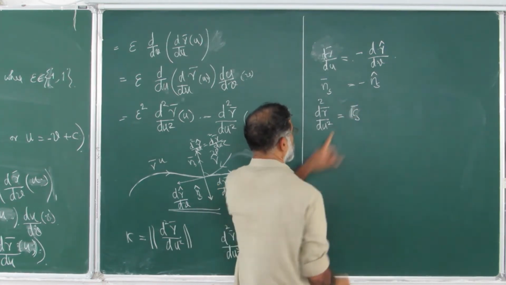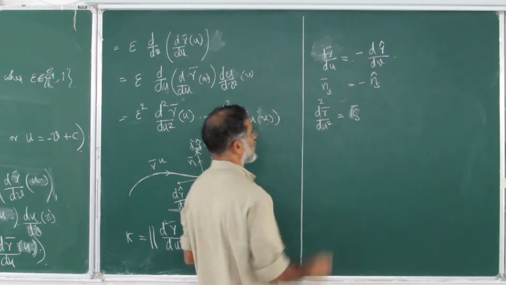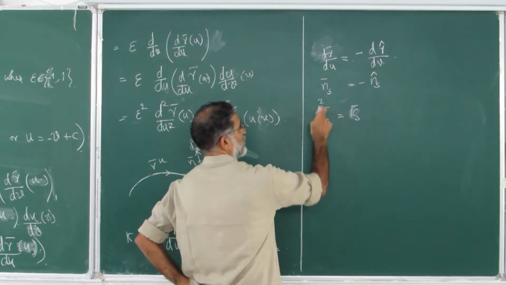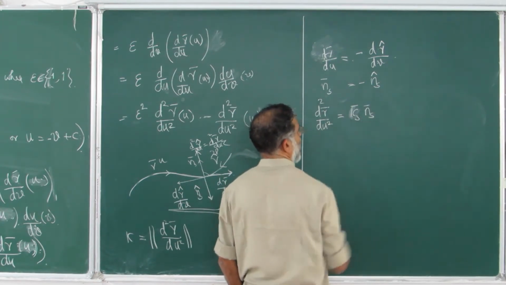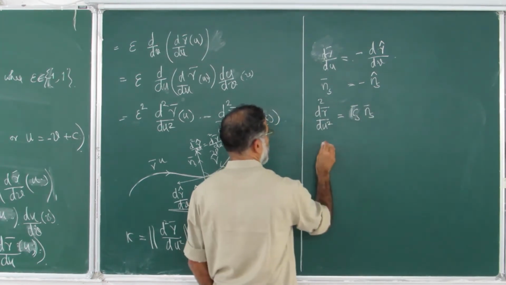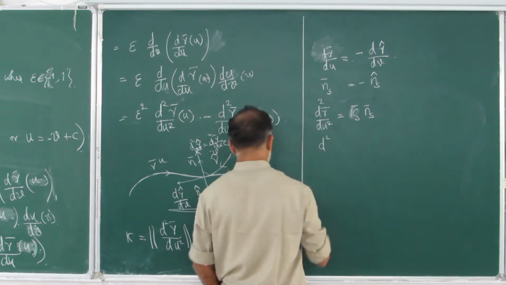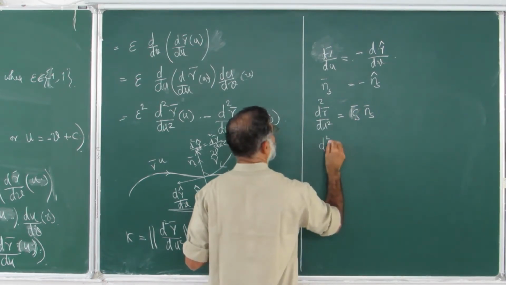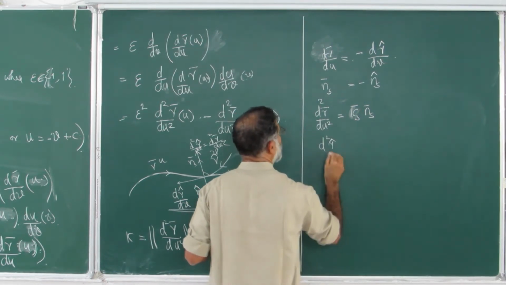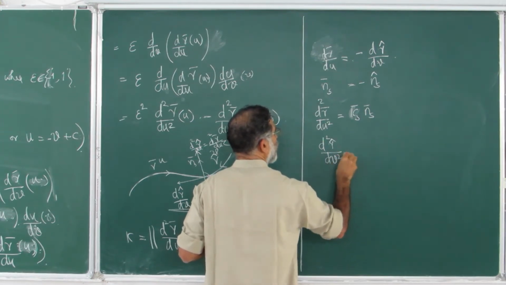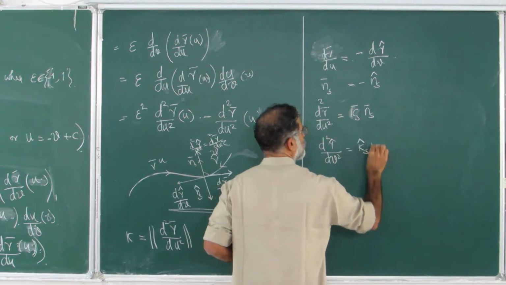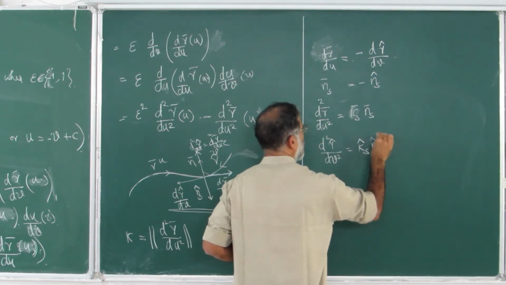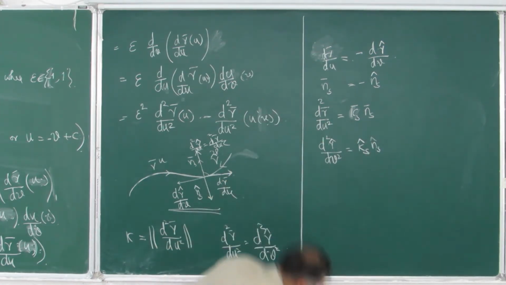I keep using this bar for all the objects associated with gamma bar. Whereas with respect to gamma cap, what will you get? d square gamma cap by dv square, that is equal to ks cap ns cap.